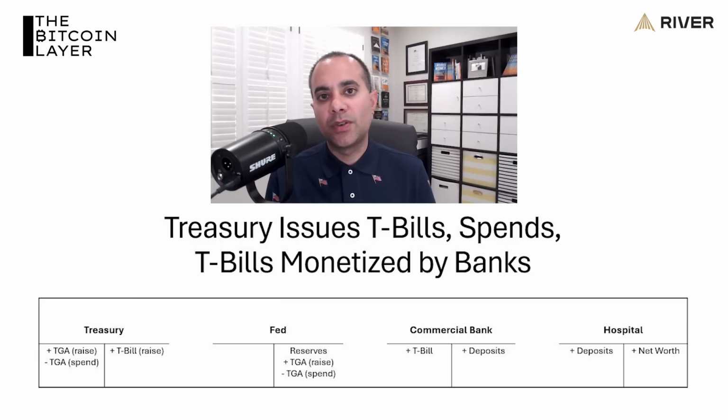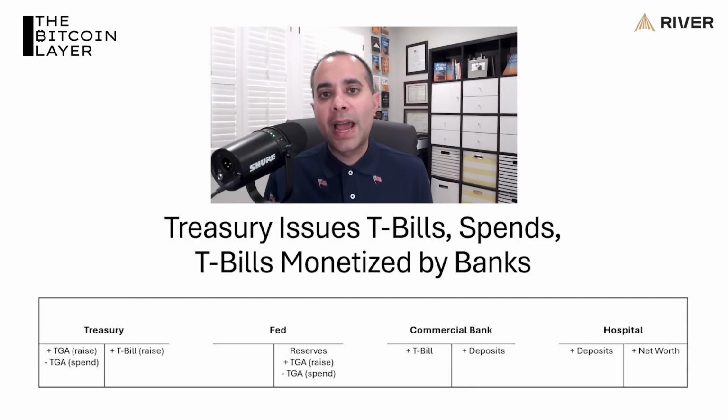Doing nothing to reserves. So reserves don't change here. And that cash raise at the Fed on the liability side is offset by the spend. So when the Treasury issues a bill and raises money and then spends it right away, the quantity of reserves at the Fed does not change at all.